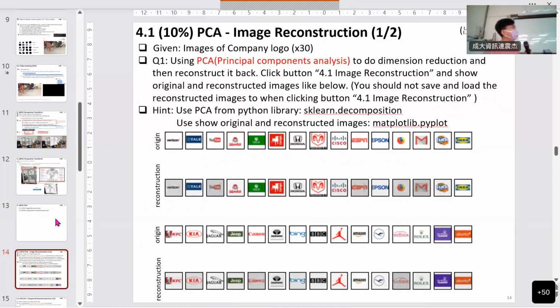In the first section, you will be given 30 company logos. What you should do is use PCA to lower the original image dimension, and after you reduce the dimension, you reconstruct them back to the image.